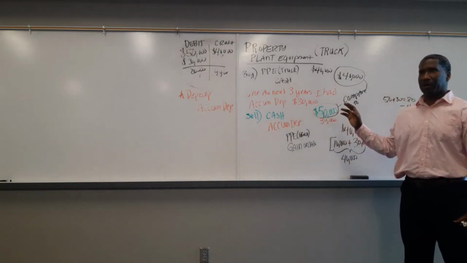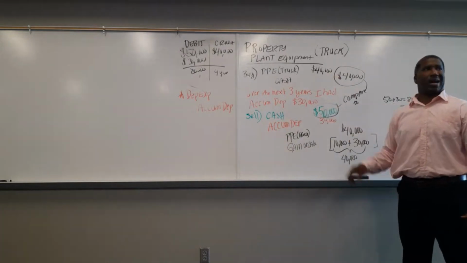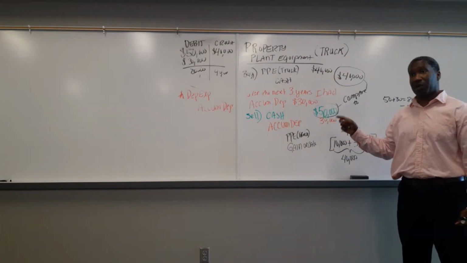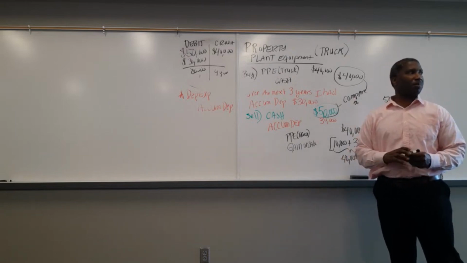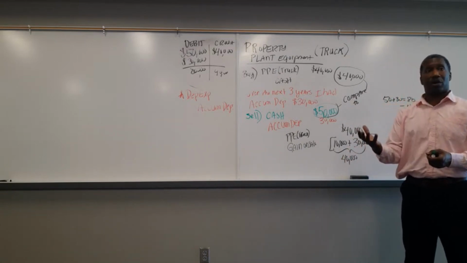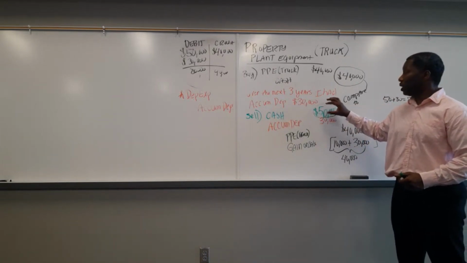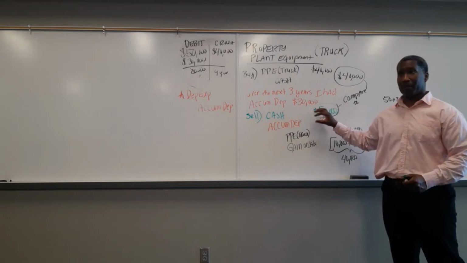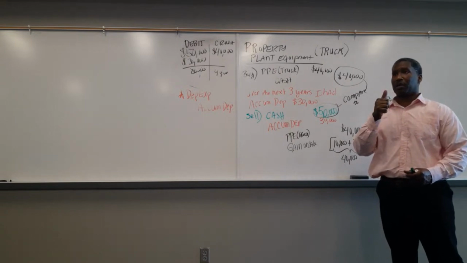We agree with that. Even if I only got $2, I still would debit cash because cash went up by $2. Cash is going to be the easiest thing. It's always going to be what it is in your hand, okay? So whatever you get, if you get more or less, you're always going to debit cash for that amount, right? Now, are we good with that part? Nod your head there. Okay.